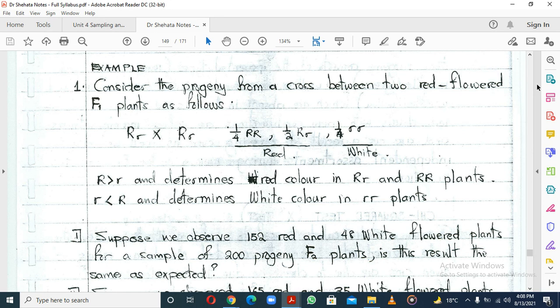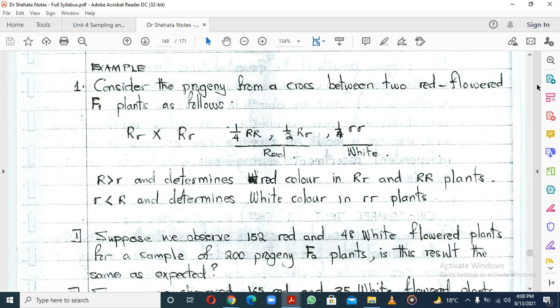That's the genotypical ratio, so that's 1 to 2 to 1, isn't it? But the phenotypical ratio, red and white, is going to be 3 red and 1 white. So that's the ratio that we are going to use in our experiment.